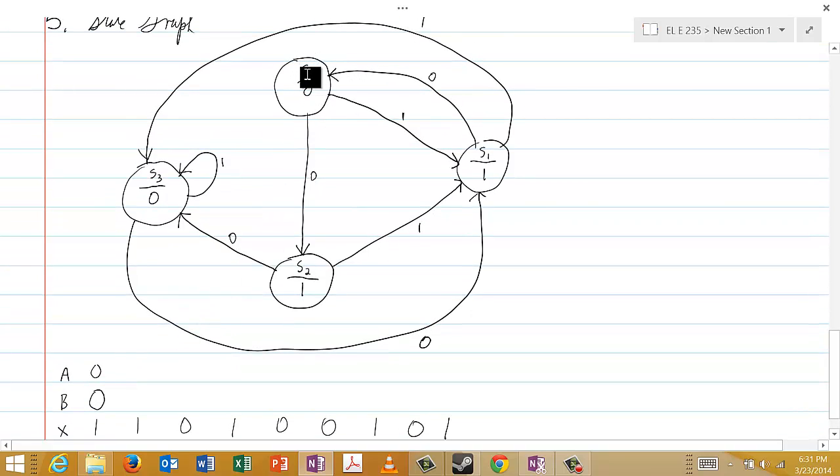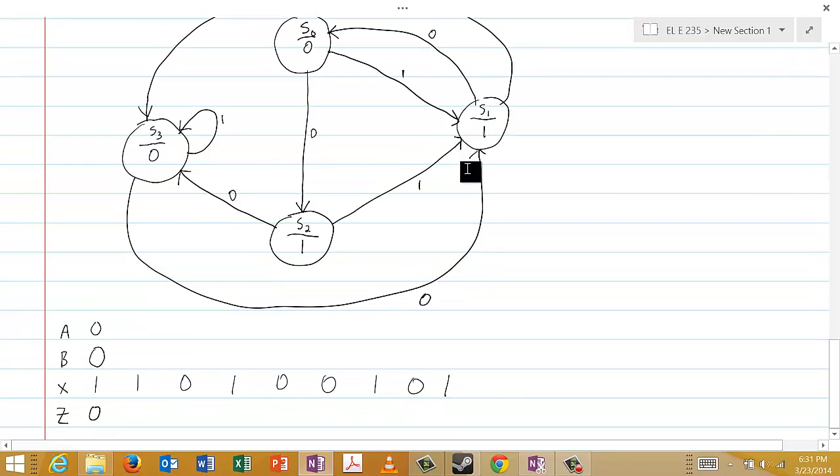If the input is 1, we go over here to S1. And remember, S1 is 0, 1. And in the S1 state, the output is always 1. So the next value of Z would be 1.